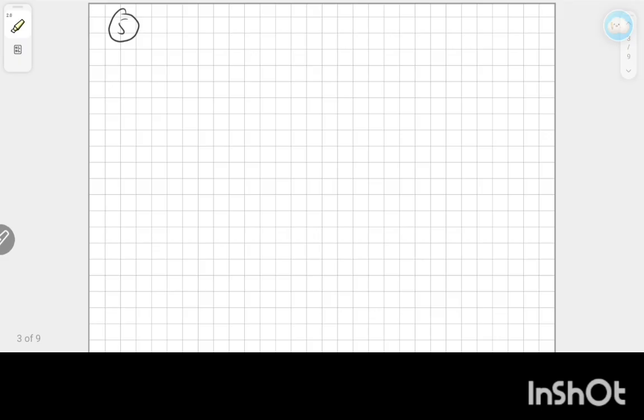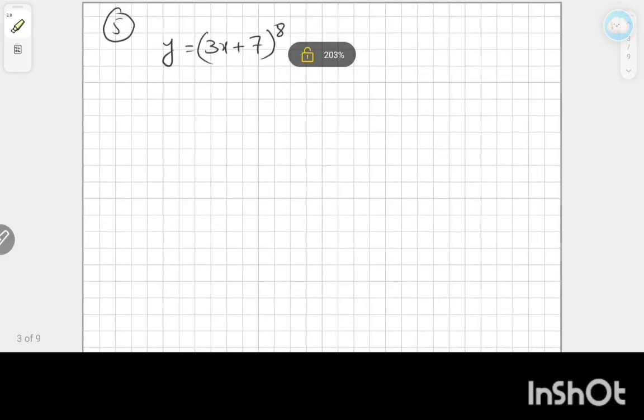Okay, dear friends, what is question number 5? We have y equal to (3x plus 7) power 8. What is the solving condition? Here, we will take the derivative of y on both sides.